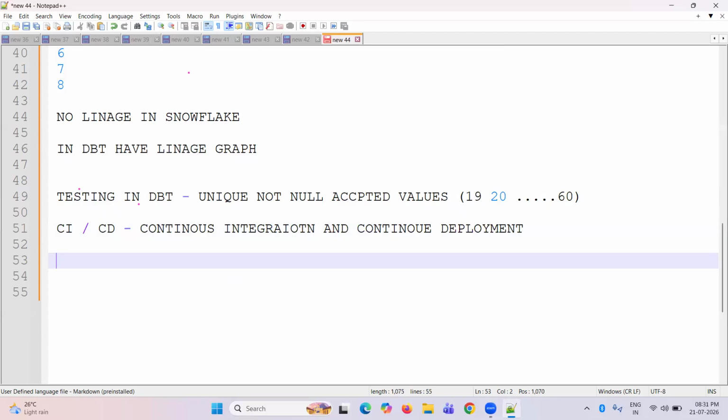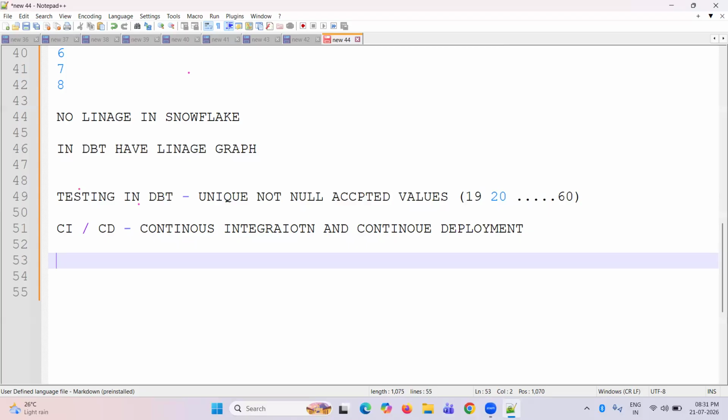With that we can move the code from dev to test to production. These are the main environments; we also have pre-prod and UAT. Simply remember dev, test, production, so we can move the code. Here we need to configure the project files and these things.